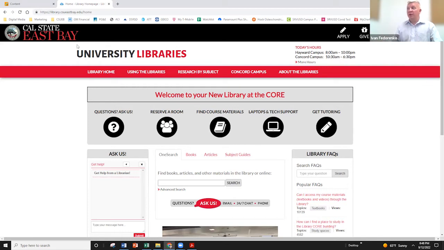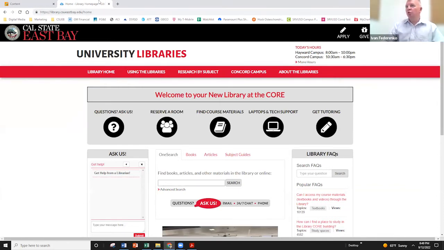Now you don't have to pay. You get full free access through the Cal State East Bay Library. All the financial databases like Bloomberg and Morningstar that traders use to trade stocks on equity markets, you have all the full information on financial markets through the library.